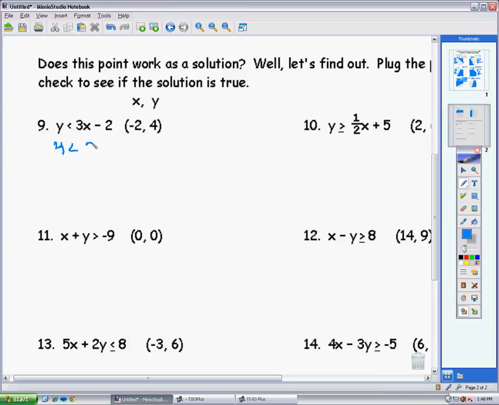That's less than 3 times -2 minus 2. We're going to simplify that. 4 is less than -6 minus 2. 4 is less than negative 8? Is 4 less than negative 8? And that's no. So since it's no, then that represents that this point is not a solution to the inequality.